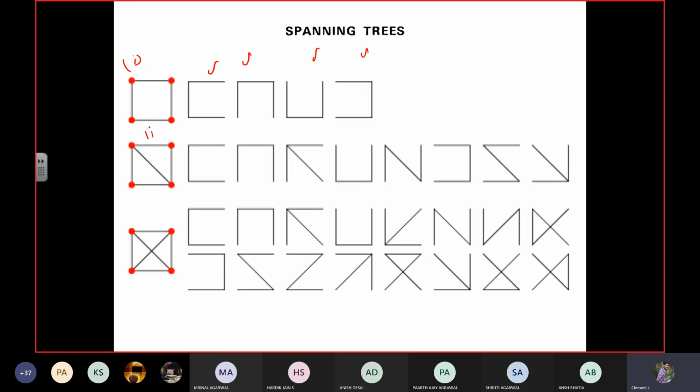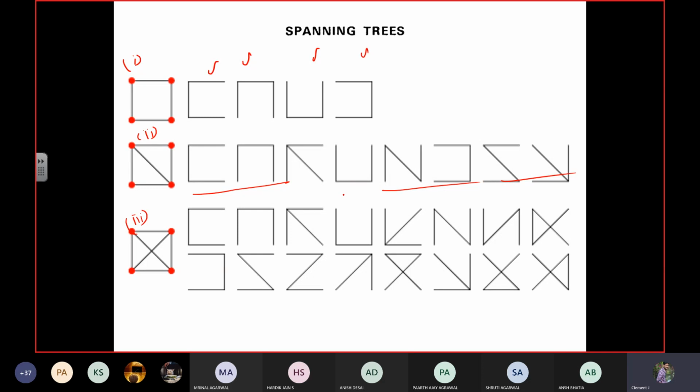In the same way, you can take the second graph, and they determine all its spanning trees. Next, the third one; they draw all its spanning trees. Sometimes a question will be asked to determine all spanning trees of a given graph.